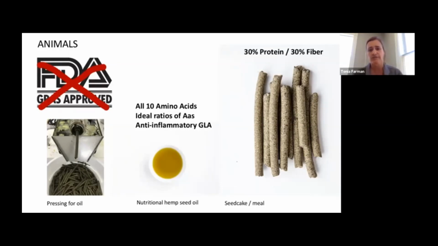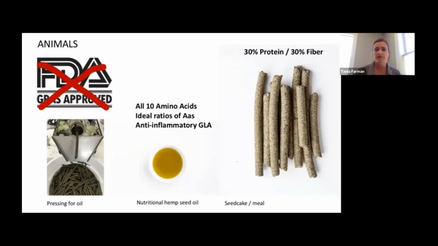So the nutritional hemp seed oil for the equine market has all 10 amino acids, and it has a really ideal ratio of those amino acids in comparison to soy and flax and other nutritional oils that are fed to horses. And it also has that anti-inflammatory omega-6, gamma-linolenic acid, that is highly preferred in the equine market too, which is another anti-inflammatory oil.